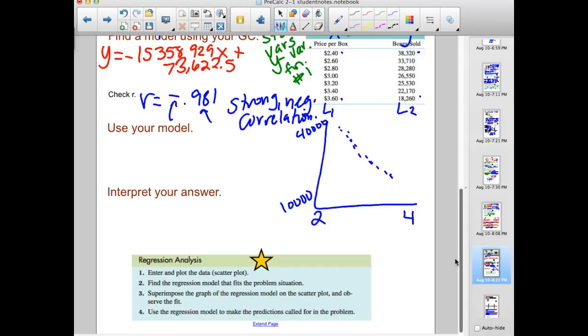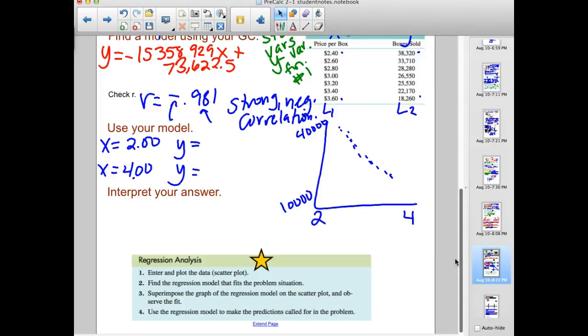Now they asked us to find when the price was $2, how many boxes can we sell? And when the price is raised to $4, how many boxes can we sell? We can get that information right from our table because it's already dumped our equation in there. So if you go to your table, go to where X is 2, and what do you get for Y?